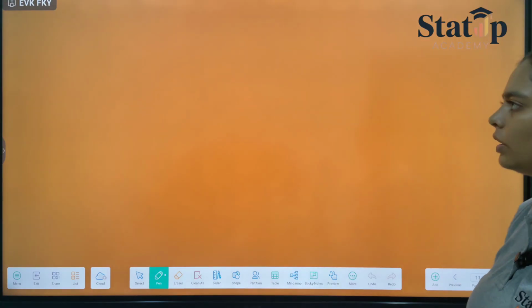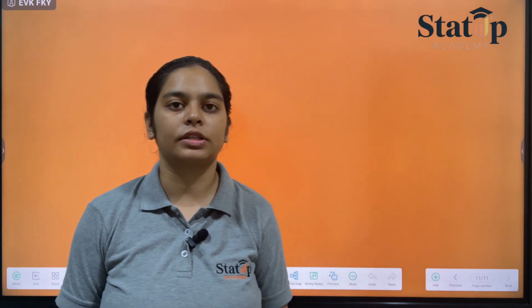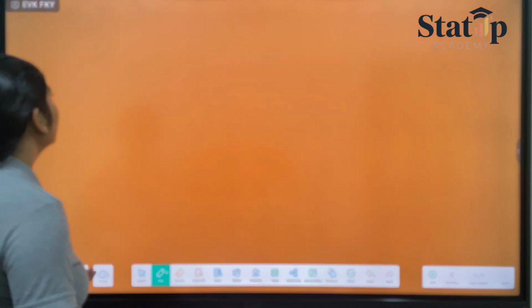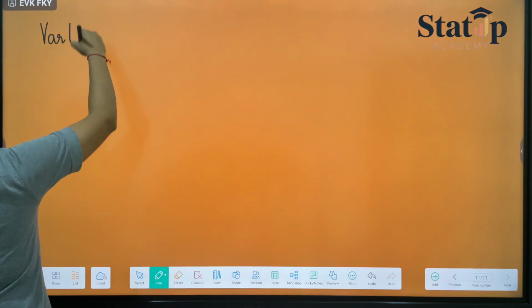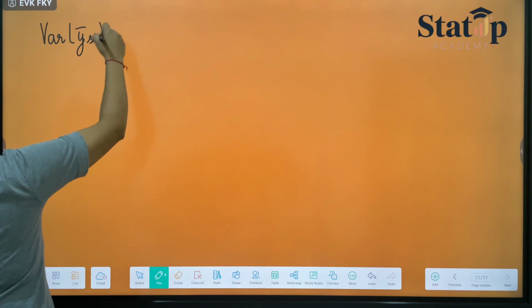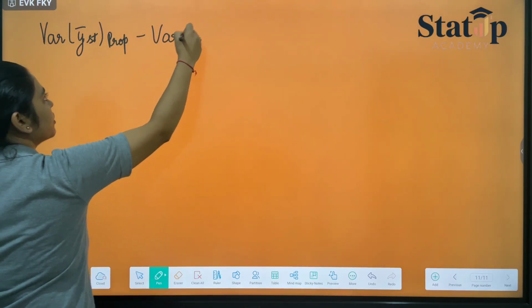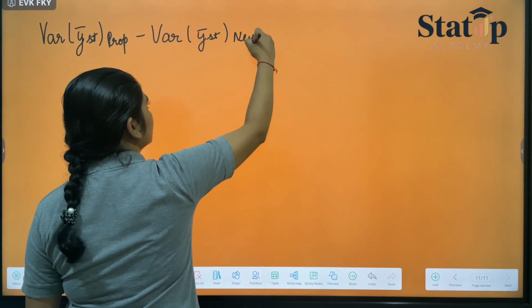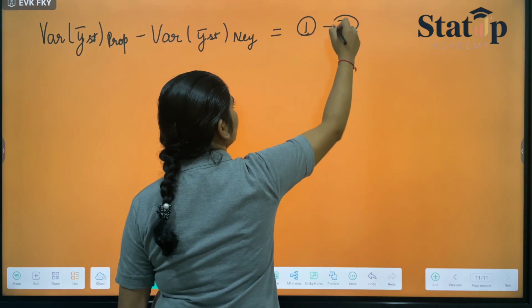Now if we want to find the efficiency between Neyman allocation and proportional allocation, which is the best method out of the two, we will apply the formula: variance of y bar st of proportional allocation minus variance of y bar st of Neyman allocation, which is nothing but equation 1 minus equation 2.